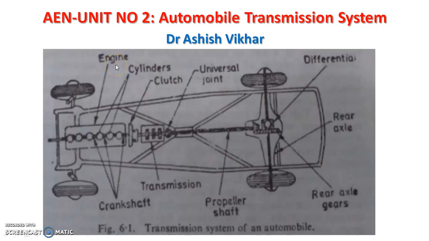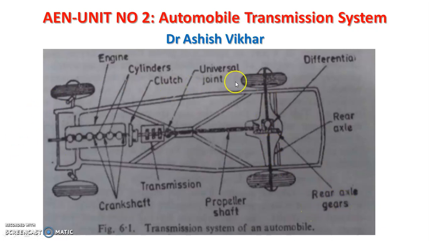Starting with this engine, the engine has this cylinder and crankshaft. After that, another component is the clutch. Then there is a transmission. After that, there is a universal joint. After that, this propeller shaft is attached to this differential at the center. There is a rear axle gears.